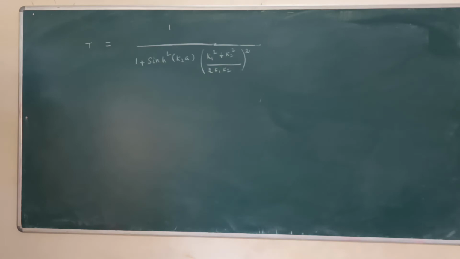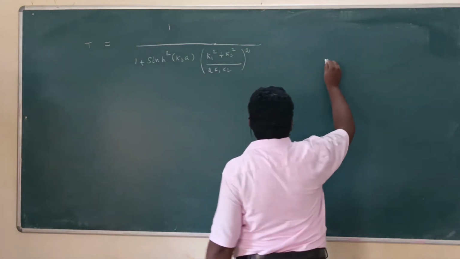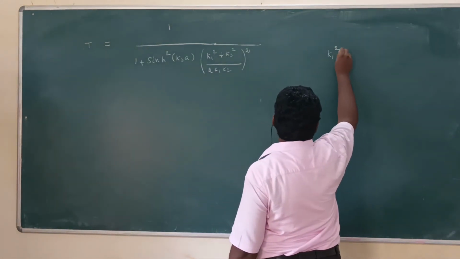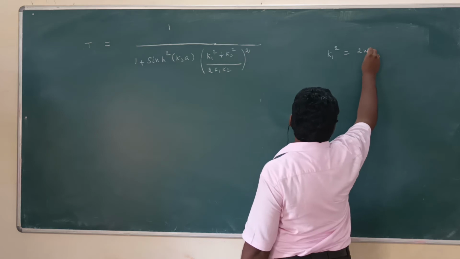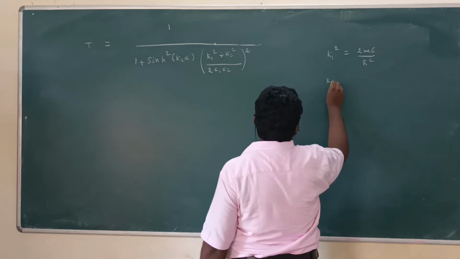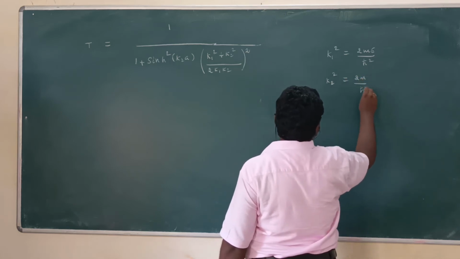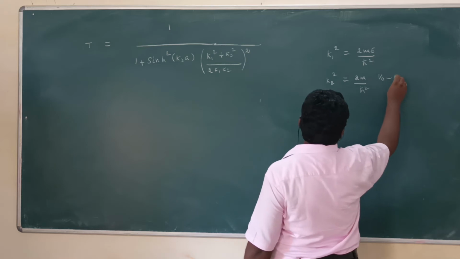In this equation, we have to substitute the values of k1 square and k2 square. The value of k1 square is equal to 2mE by h cross square, and k2 square is equal to 2m by h cross square into (V0 minus E).